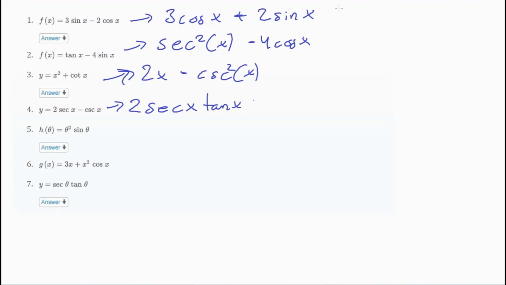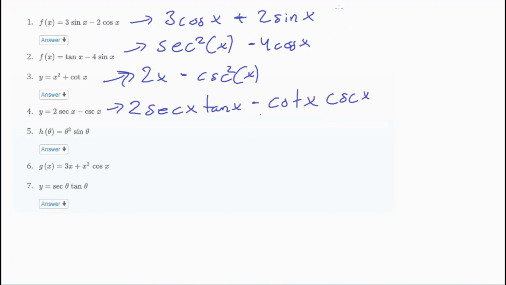And then the derivative of cosecant x is going to be negative cotangent x cosecant x, and that would also be a negative, which means that we have two negatives, so that would end up being a positive. So that would be our derivative.